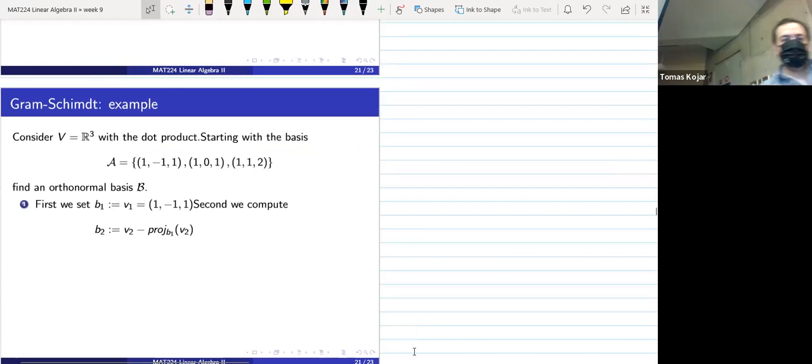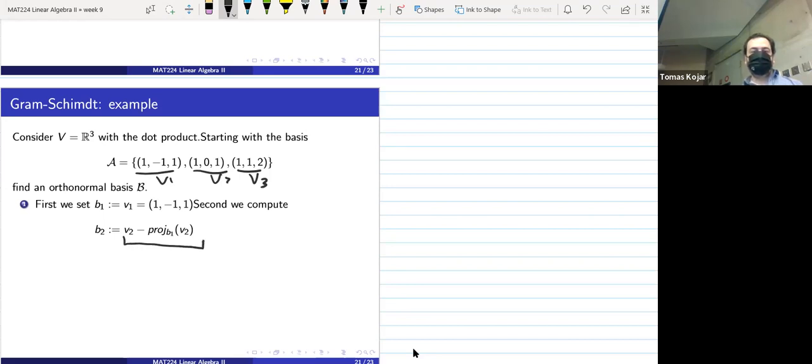Now let's compute the second vector. So this is V1, this is V2, this is V3. And you set it equal to V2 and then you remove the projection of V2 onto V1. So let me ask you a question.